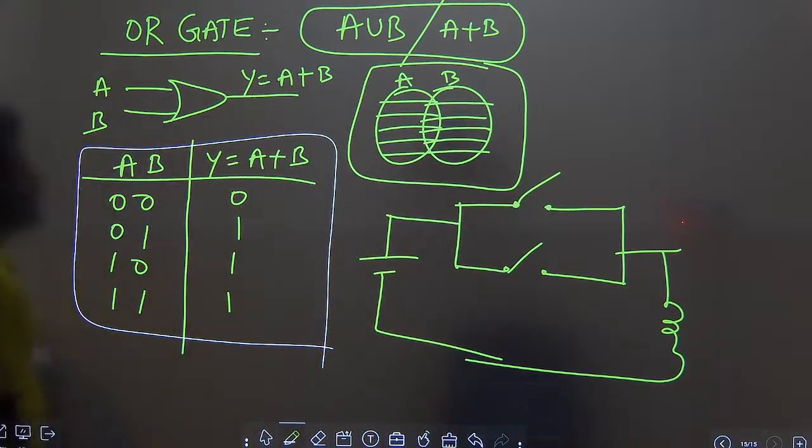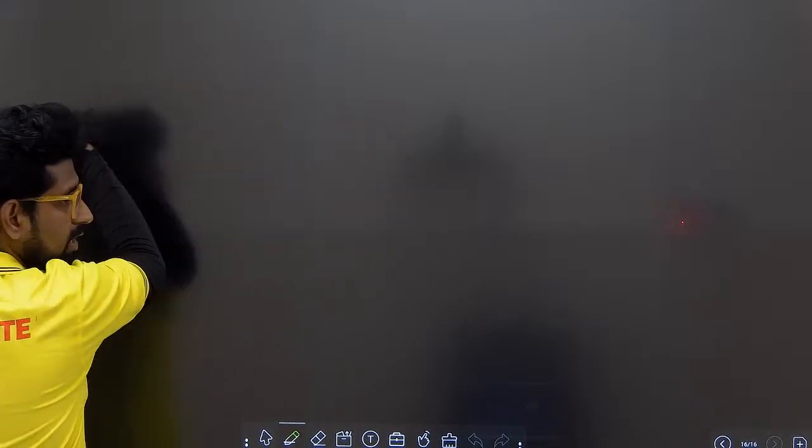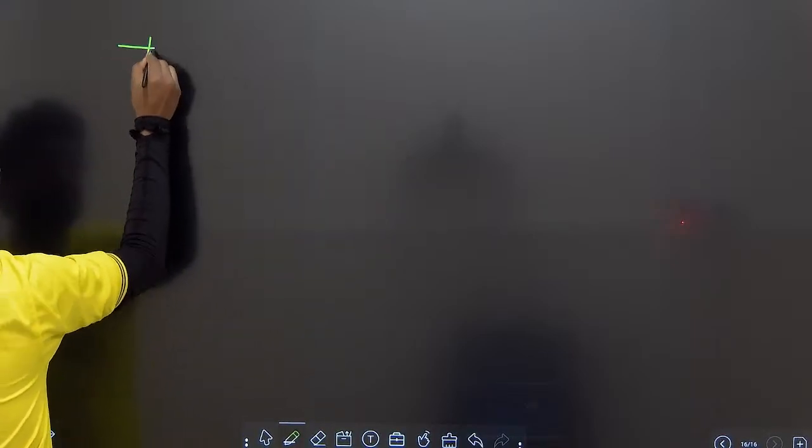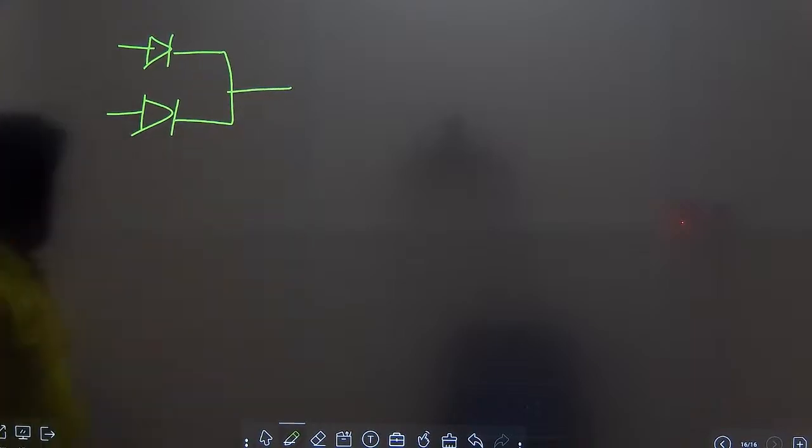This is the switch model. Next, coming to the diode model. Previously the diodes were facing this way, now the diodes are facing this way. So that is the diode model.